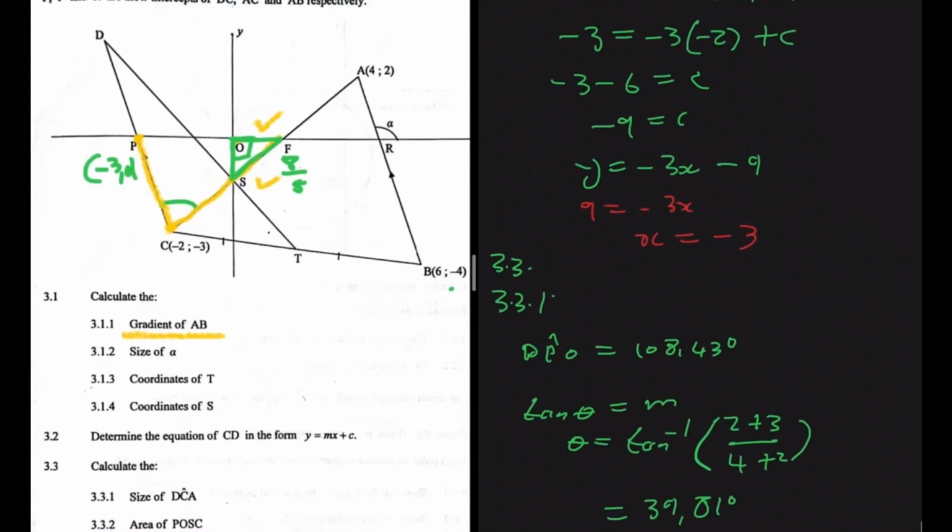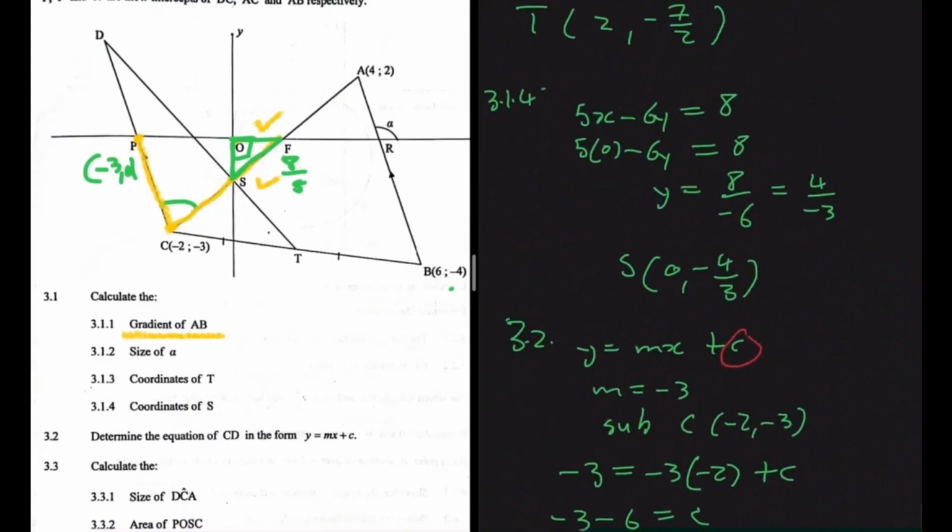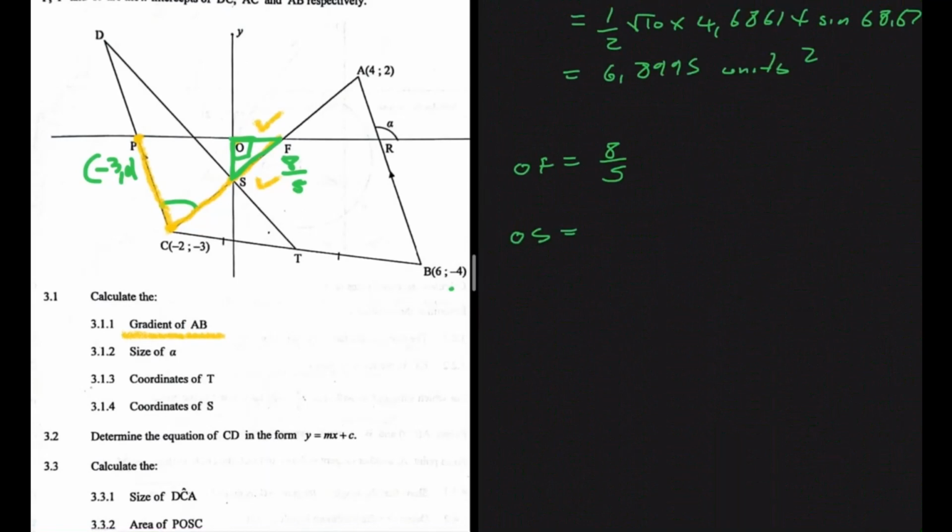Yeah, 3.1.4. Let me look. So that will be 4 divided by 3, right? So OS is equal to 4 divided by 3. So I can say that the area of triangle OSF will be equal to a half multiplied by 8 divided by 5 multiplied by 4 divided by 3 multiplied by sine of 90, which is just 1, right? So we just have a half multiplied by 8 divided by 5 multiplied by 4 divided by 3, which is equal to 1.0667.